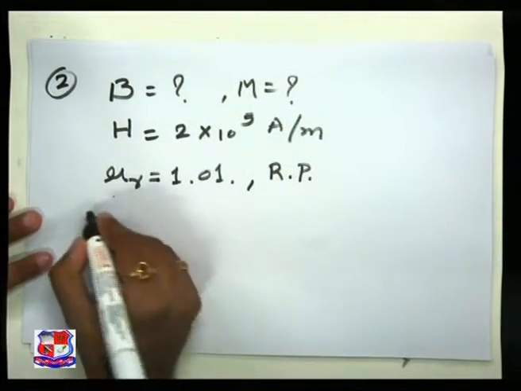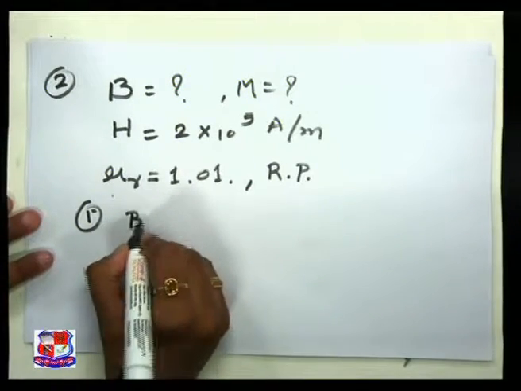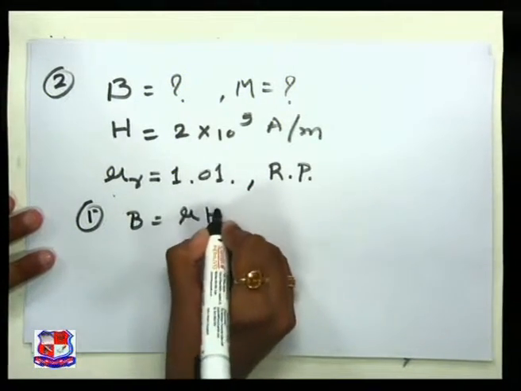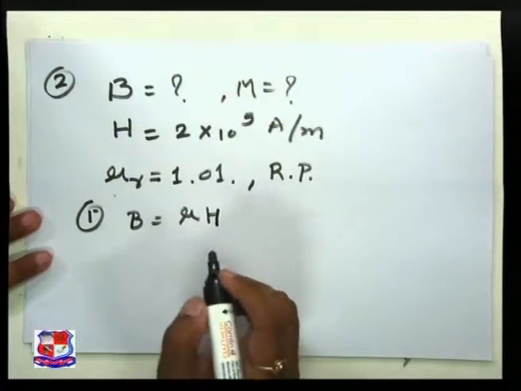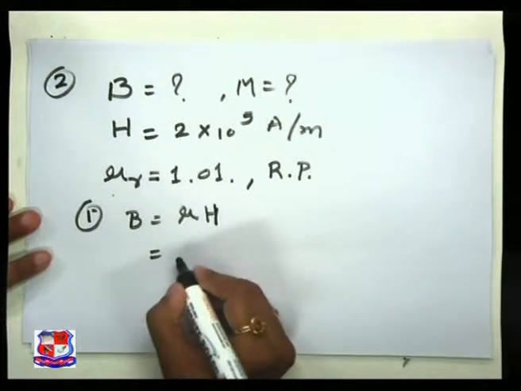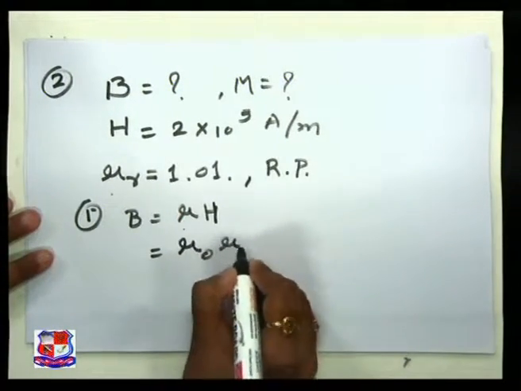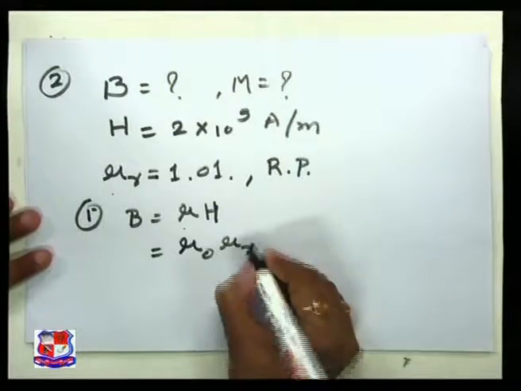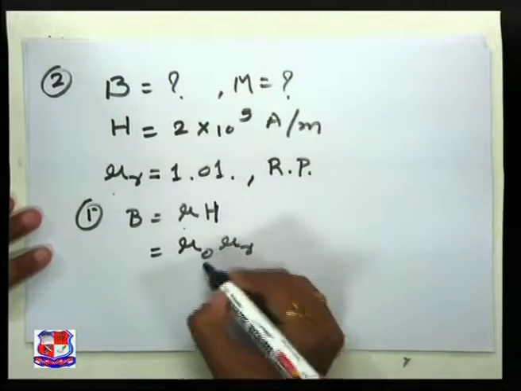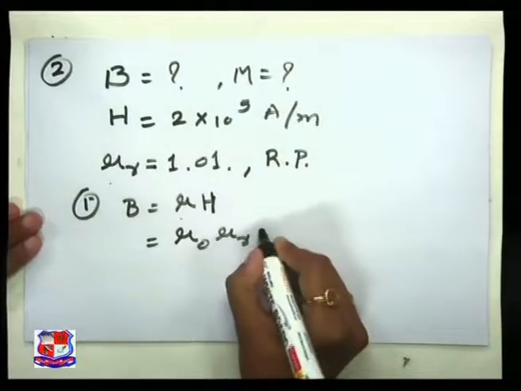Which formula should we use for B? We can use B is equal to mu H. As you can see, capital B can be found with the use of the permeability. Mu is equal to mu 0 into mu R, because mu is the absolute permeability, mu 0 is the permeability of the vacuum, and mu R is the relative permeability.